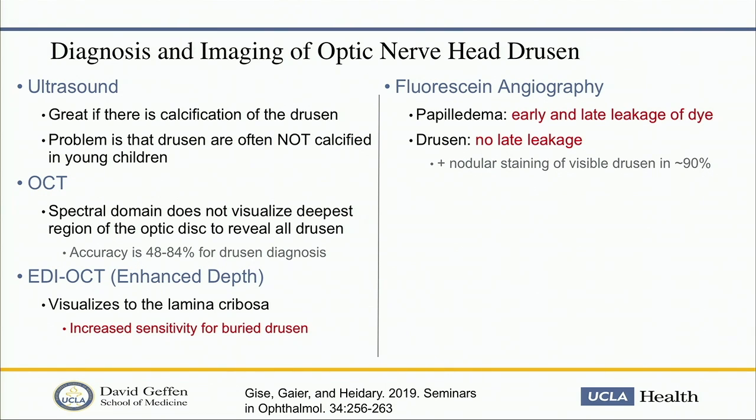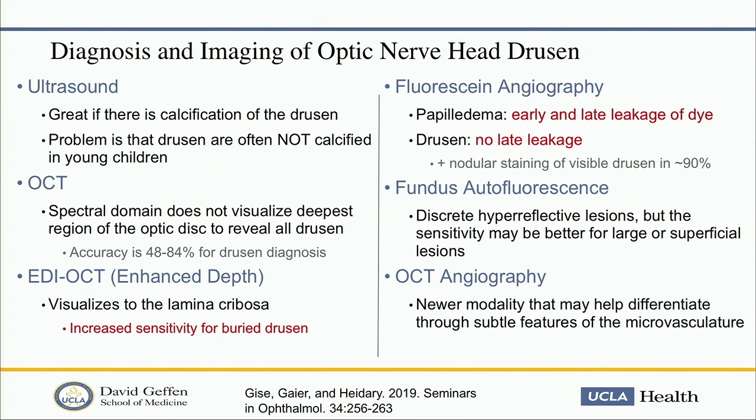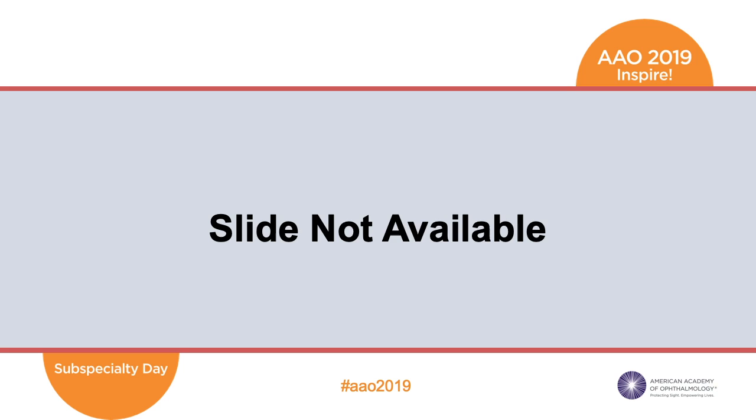Papilledema shows early and late leakage. It is the gold standard. Drusen shows no late leakage, but you can have some staining. That can mess you up some of the time. Fundus autofluorescence, again, can be helpful, but the sensitivity is better if they're large or superficial lesions. And then OCT angiography, which we have not heard the end of yet.